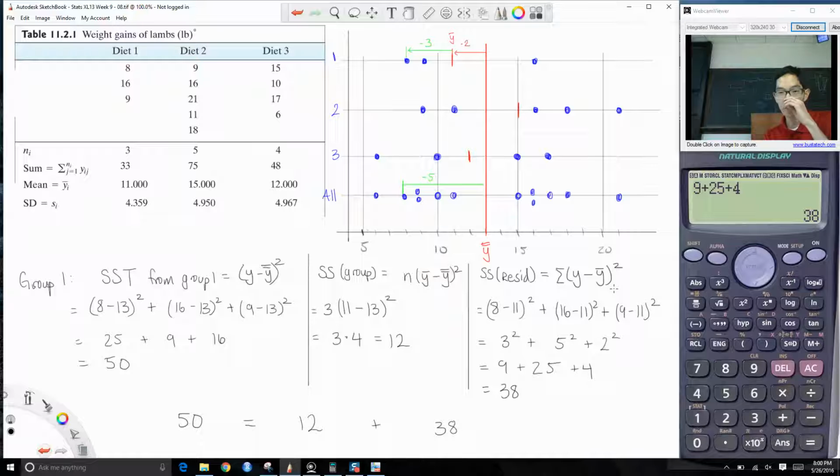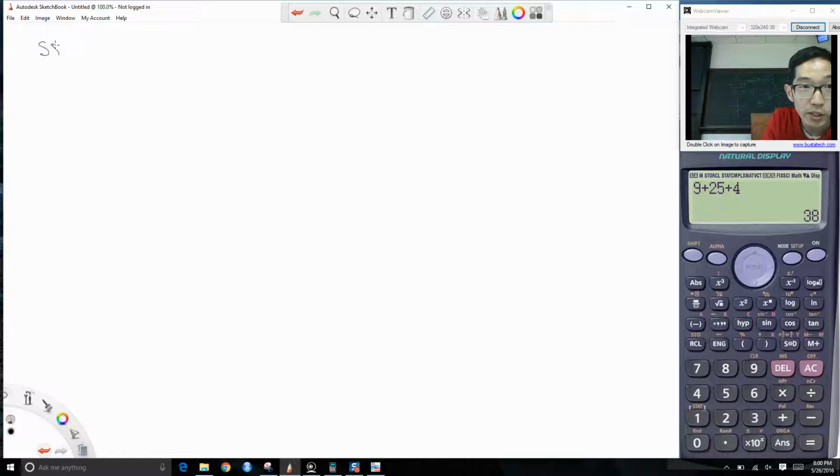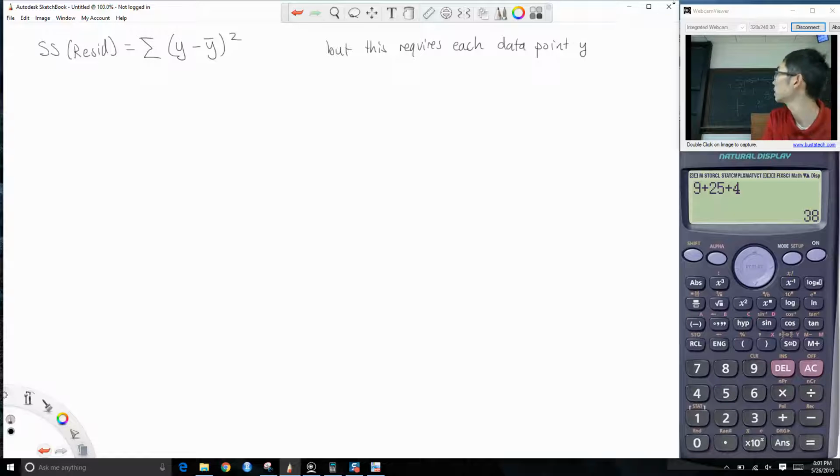The sum of squares residual is the difference between each point and its group average squared, and we add this up, but this requires each data point y, which might not always be available.